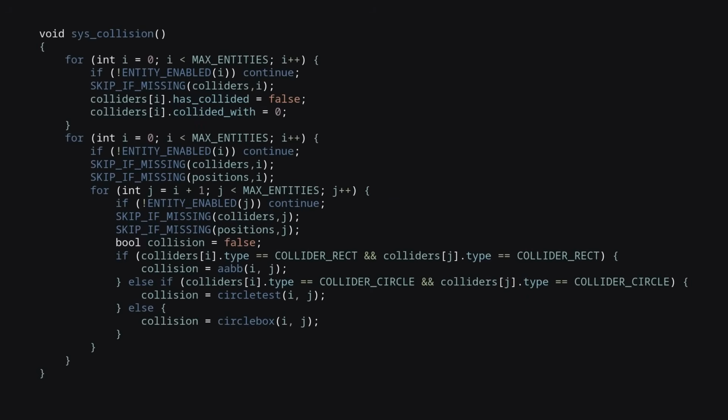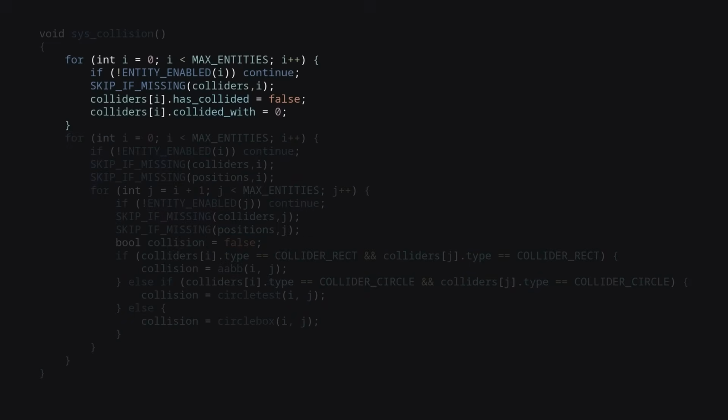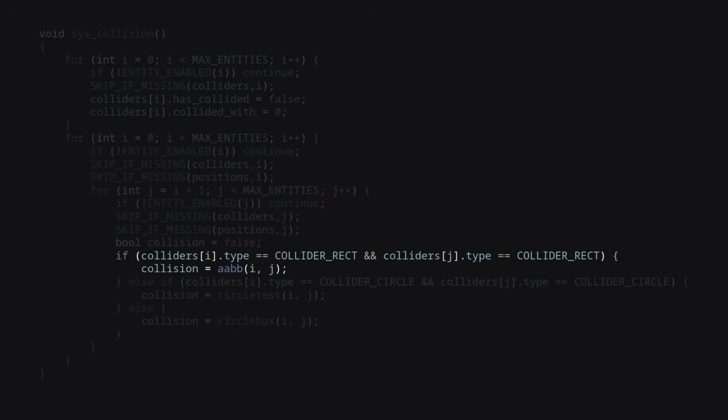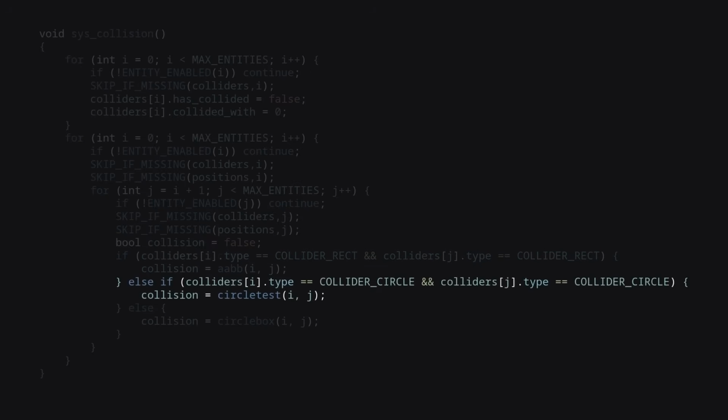This is used by a collision system that first clears out all the collision flags in that frame. Then, for each entity, it just does the AABB test if both entities contain rectangle colliders. Or it does a circle intersection test if both entities contain circular colliders. If there's a mix of two colliders, well, anyway, moving on, let's see this running.